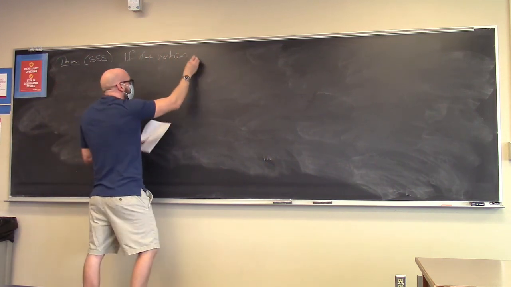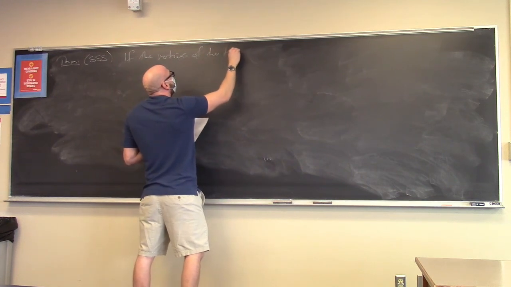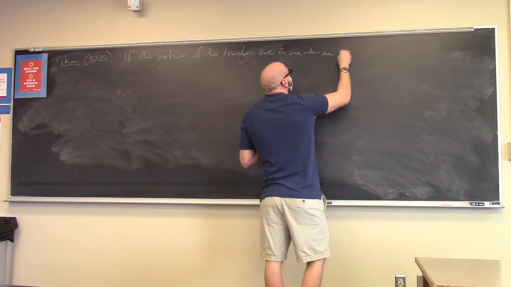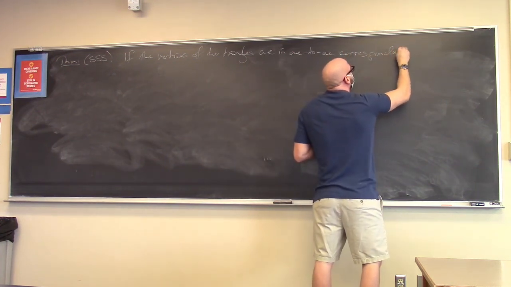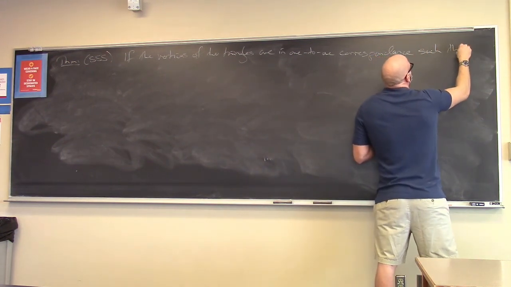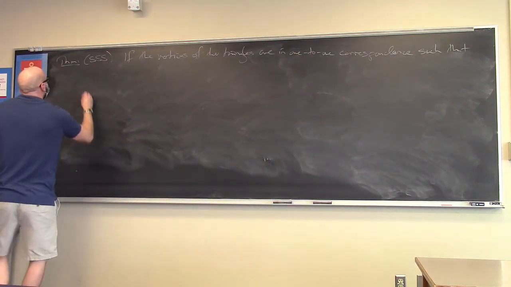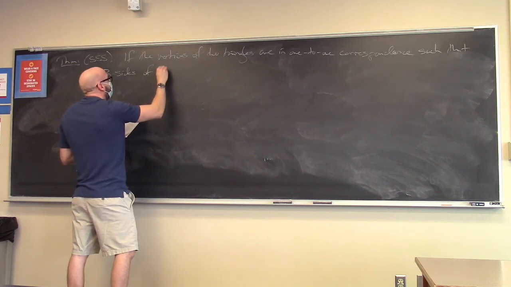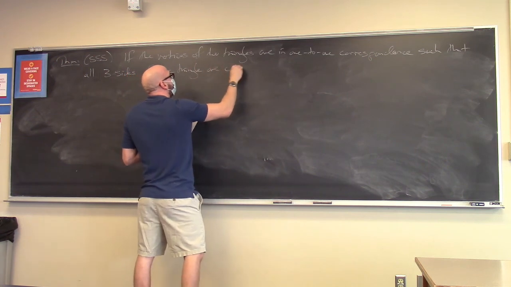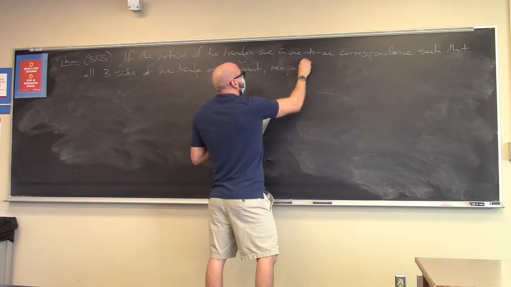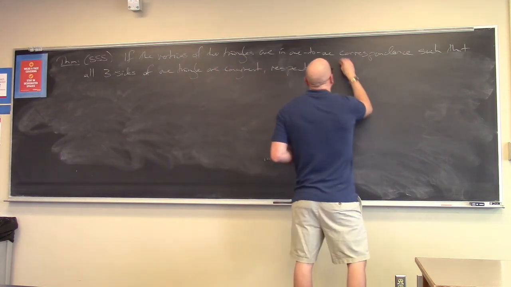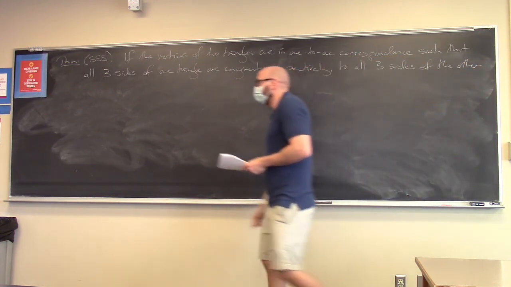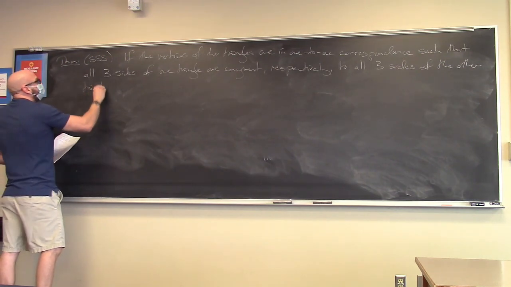If the vertices of two triangles are in one-to-one correspondence, so we've got a bijection between them that preserves the vertices, such that all three sides are congruent respectively to all three sides of the other triangle, then they are congruent as triangles.